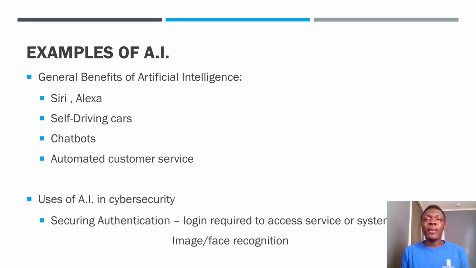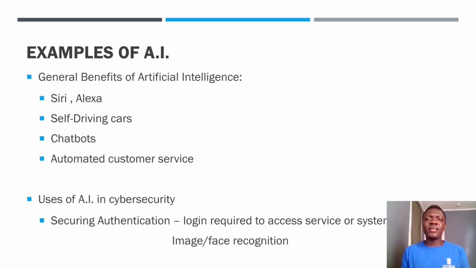We can also speak about the benefits of AI in cybersecurity, and this includes the use of facial recognition devices. In most organizations, before you are able to access the building or even use a system, you are required to authenticate using your face or your image, what we call facial recognition today.